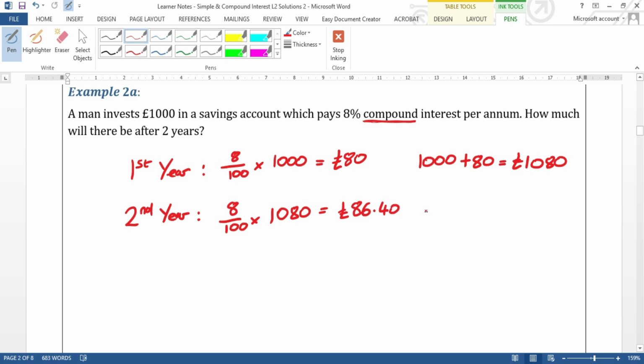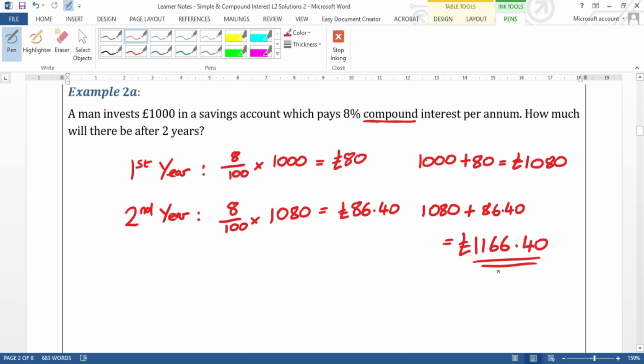So at the end of year 2, he's going to have 1,080 plus 86.40, which gives us our final answer in pounds, £1,166.40. So at the end of 2 years, that's how much is going to be in his account.